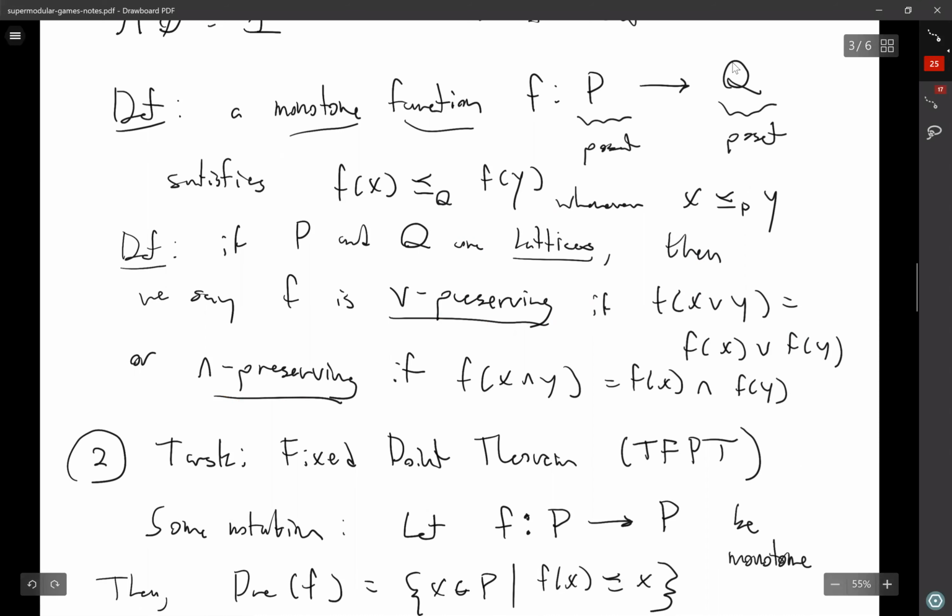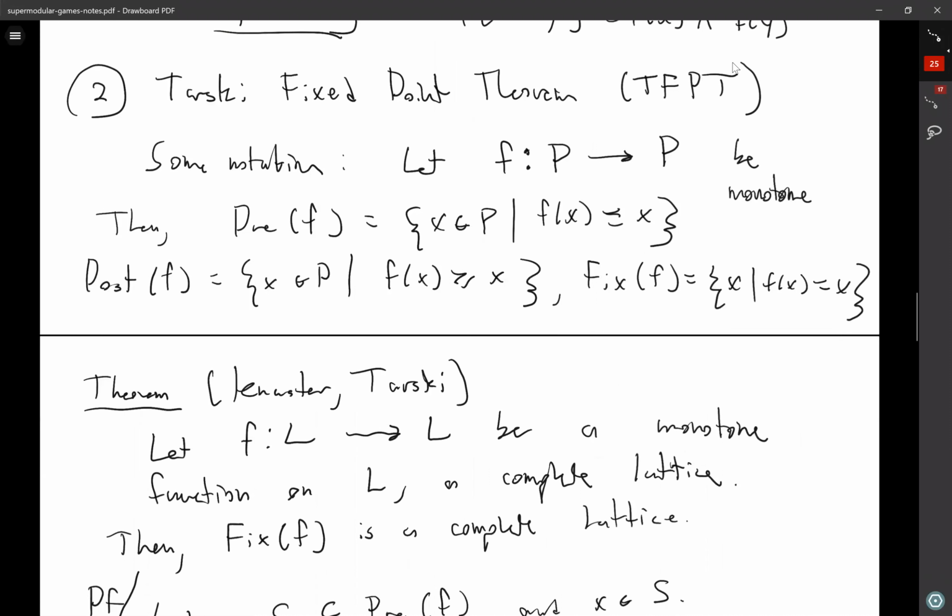In the second part of the talk, I'm going to state a result called the Tarski fixed point theorem, which is due to a Polish mathematician in the early to mid 1900s, named Alfred Tarski. Some notation here: we can consider a monotone function, and then we have what are called the prefix points of this monotone function.